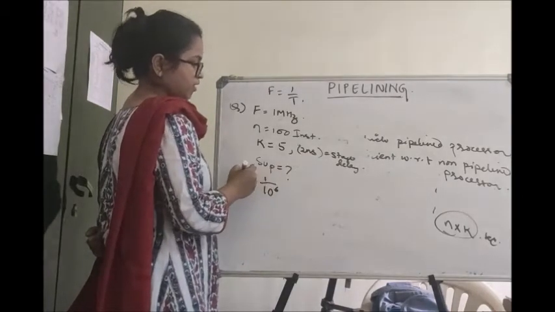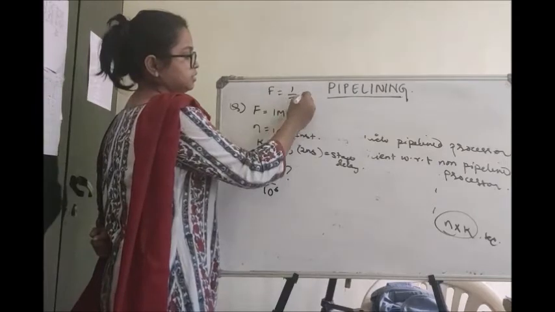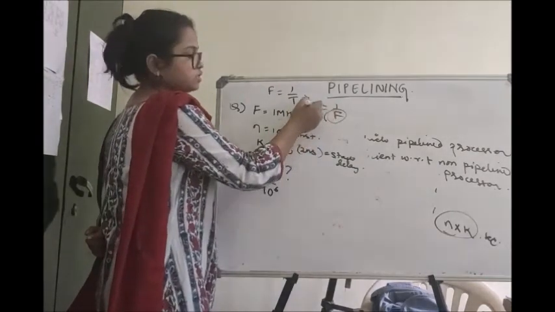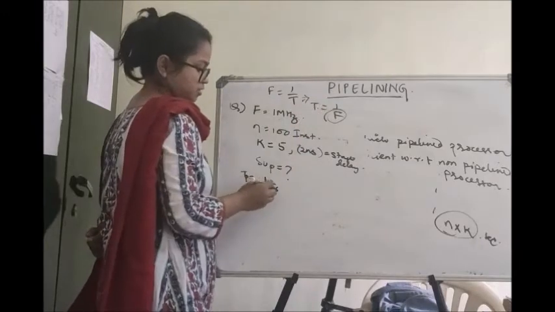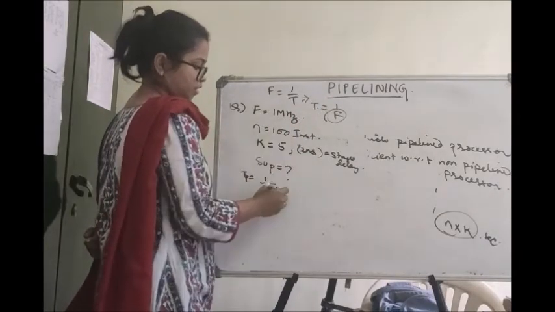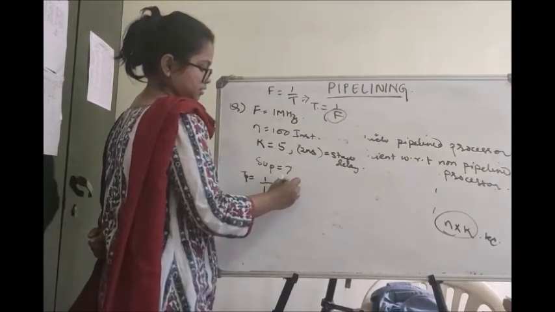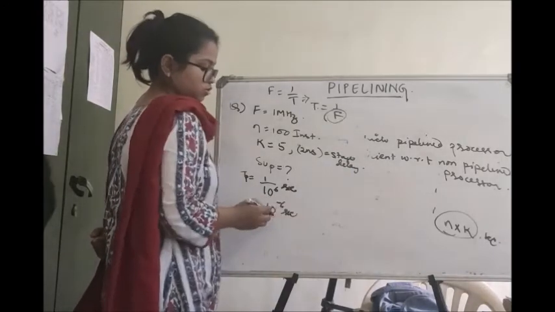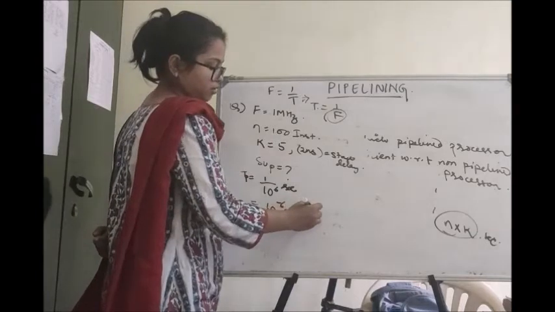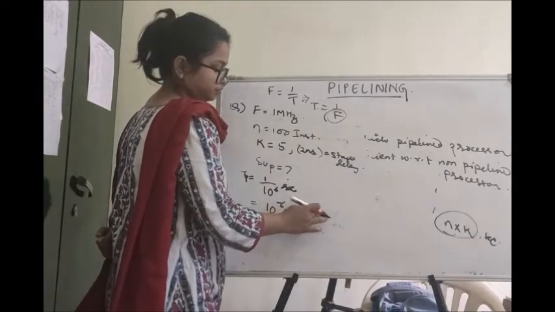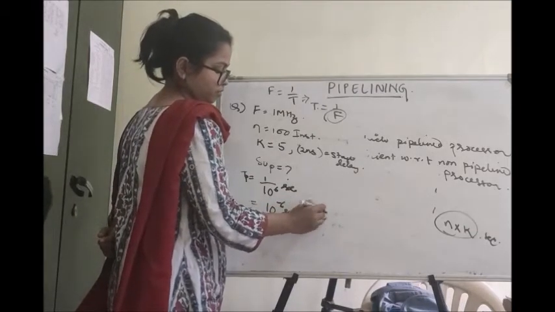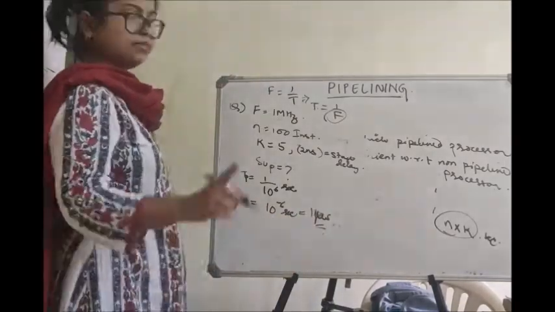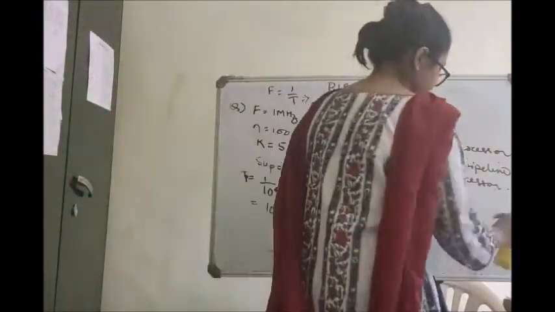So T is 1 by f, since we are given the frequency and have to find the time period. So Tp is 10 to the power minus 6 seconds, which is 1 microsecond. This is the time period. Now we have to find the time for one instruction.